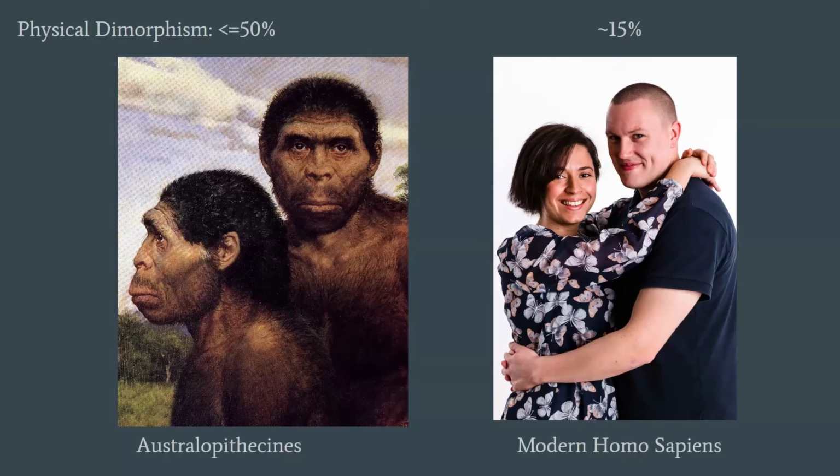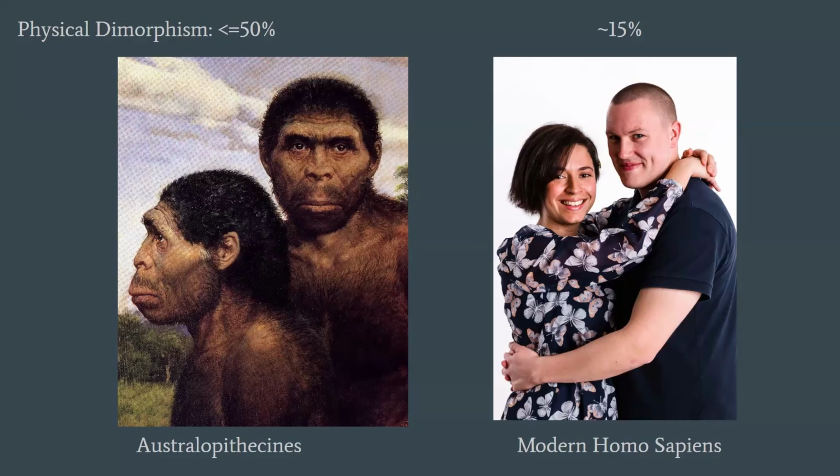So if we look at Australopithecines, the people on your left, this is what people looked like 6 million years ago. Or no, sorry, was it 6? 3 million years ago. They weren't humans, they were hominids, and they had huge physical dimorphism.